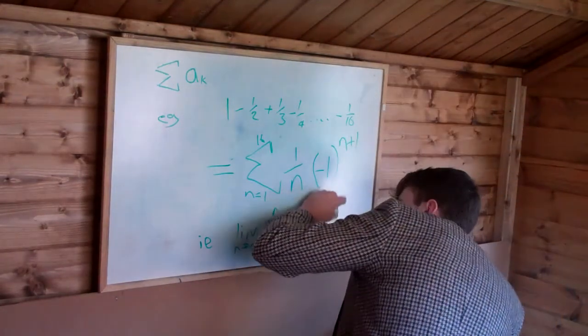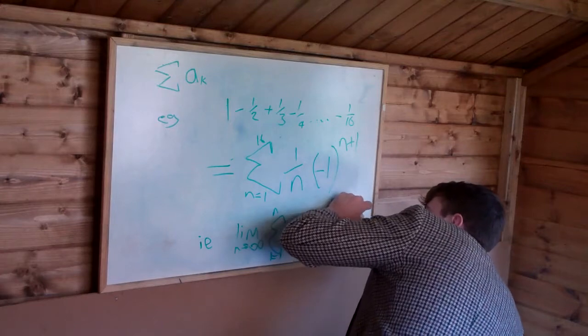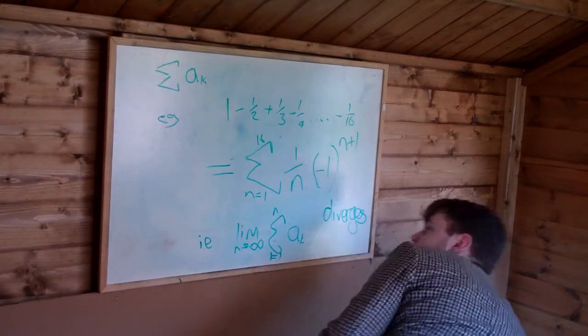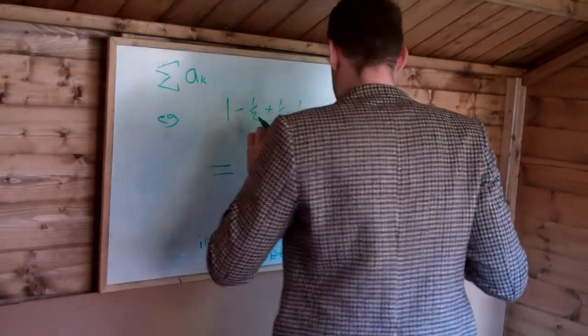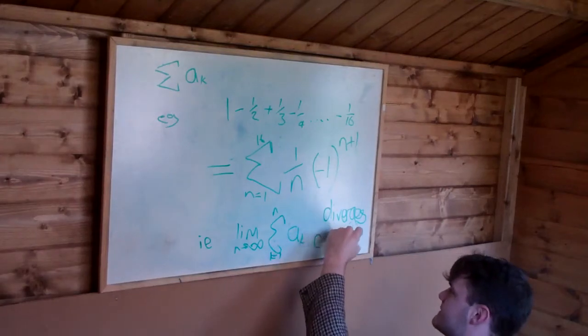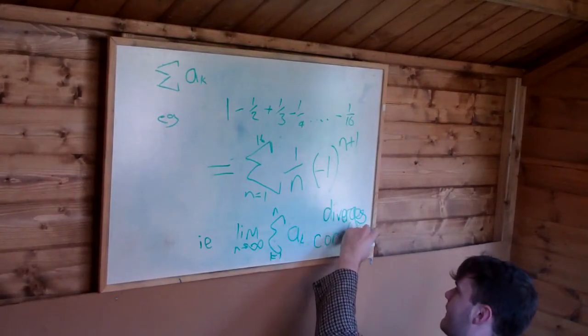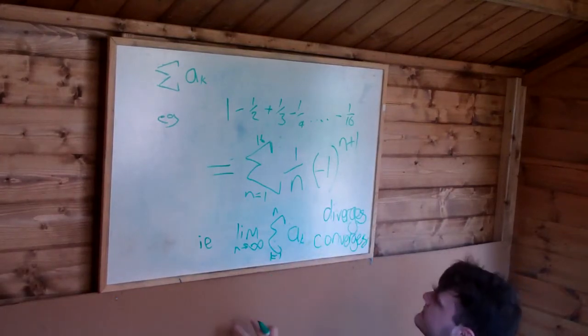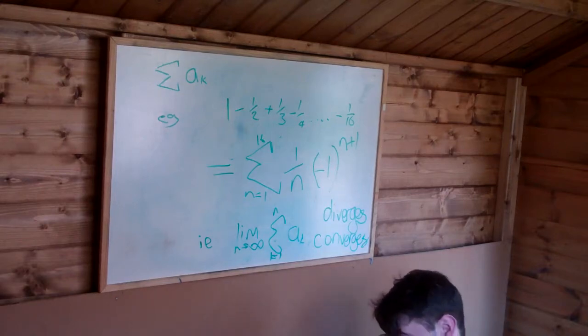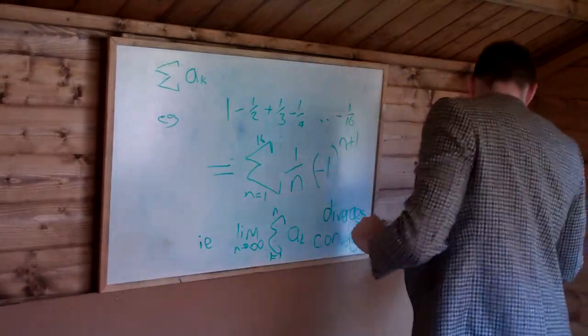In this case, we say that the series diverges. If it doesn't diverge, it converges. So if the limit as n tends to infinity doesn't exist, it diverges. Alright?